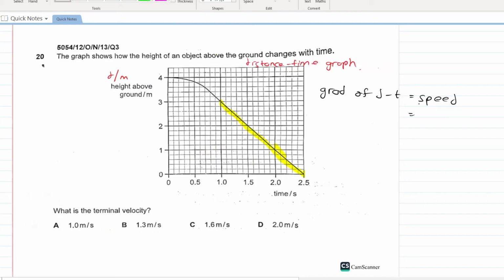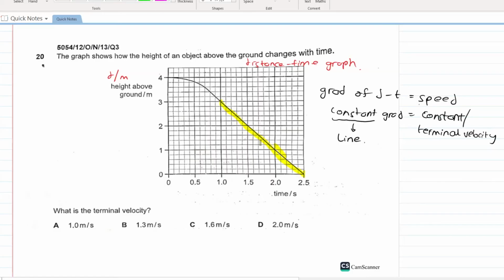Constant speed is alternatively termed as terminal velocity. Terminal velocity is a constant speed. If you want a constant speed, then you will be looking for a constant gradient on the distance-time graph, and constant gradients are only possible if you have a straight line.